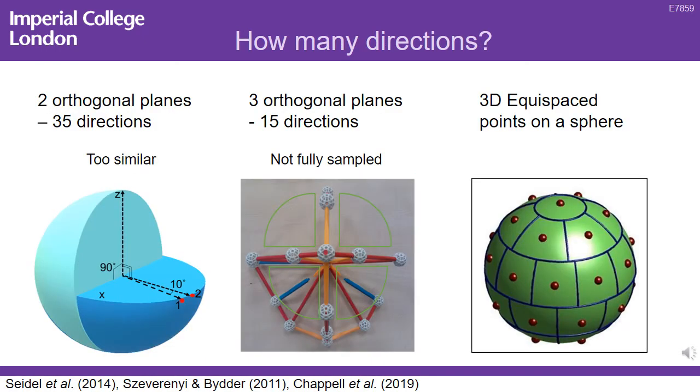So, how many directions? Luckily for me, two groups had attempted similar work before, but neither had developed a mathematically robust way to determine the optimal number of scan directions. Both had scanned in the orthogonal planes, which was much easier to perform experimentally, but creates very similar scan positions. And in the case of the 3 orthogonal planes, it actually created gaps so that the whole sphere wasn't fully sampled.